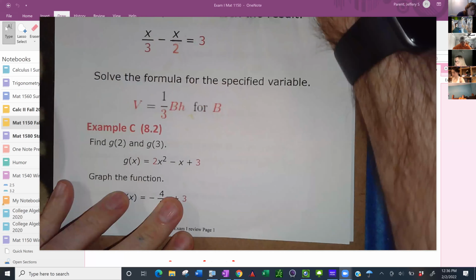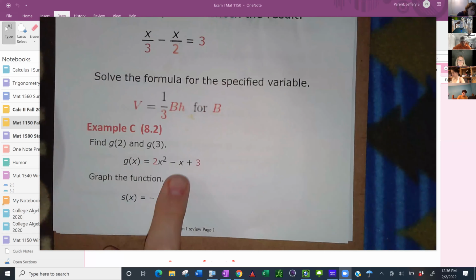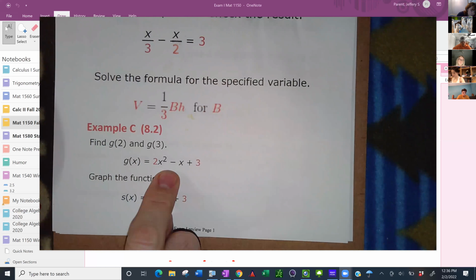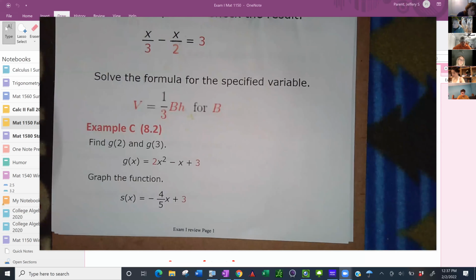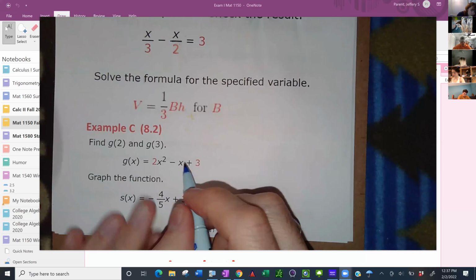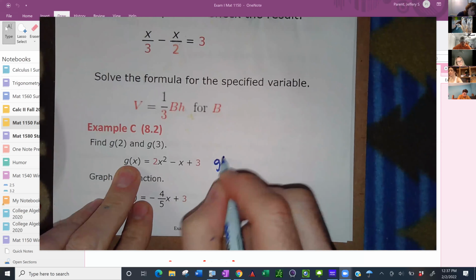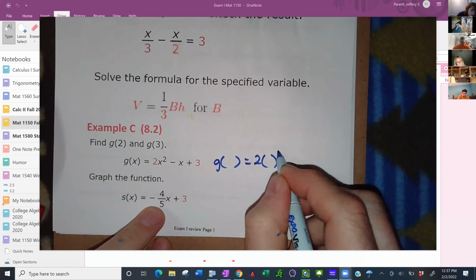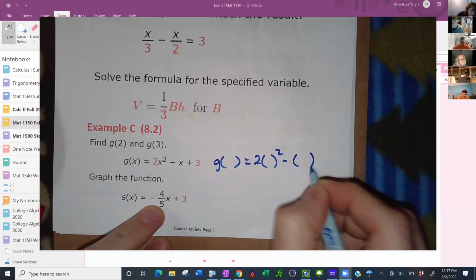You should be able to evaluate things using function notation. So here's an example. g of x is this function. If you're asked to find, say, g of 2, that would be 2 times 2 squared minus 2 plus 3.